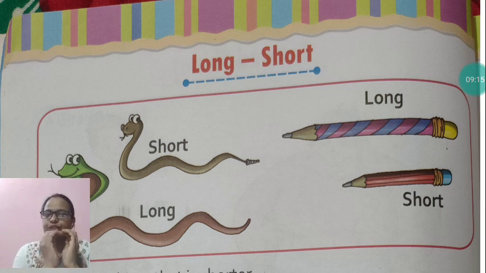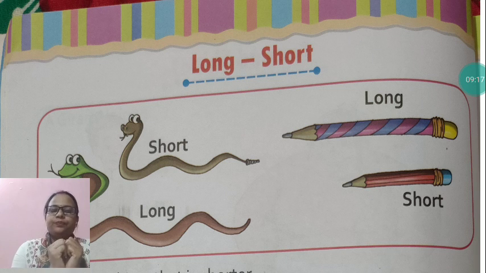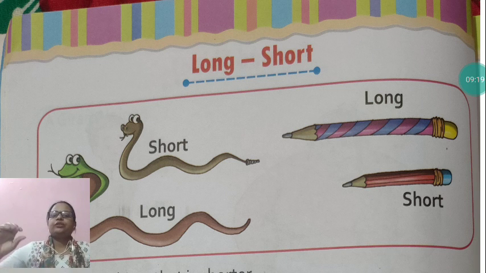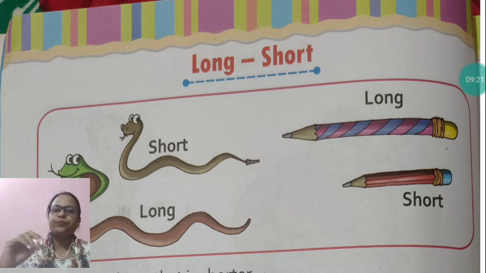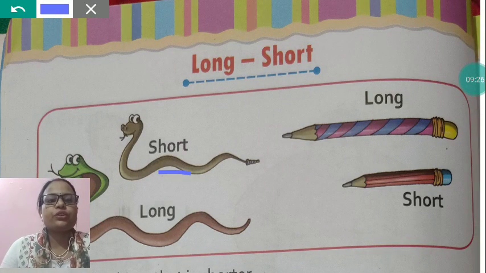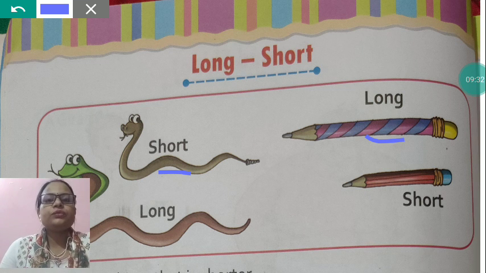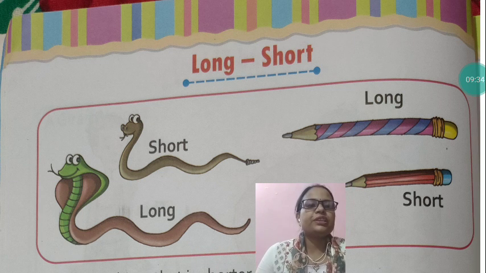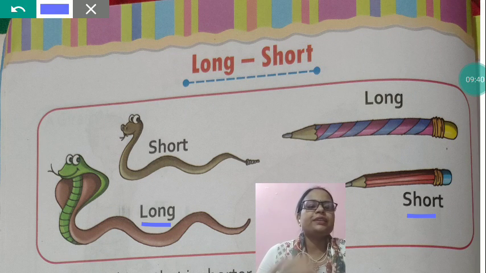When the size is very small you can say short, and when the length is very large you can say long. Now this snake is short, this pencil is long. Now in this picture, this snake is long, and this is a short pencil.